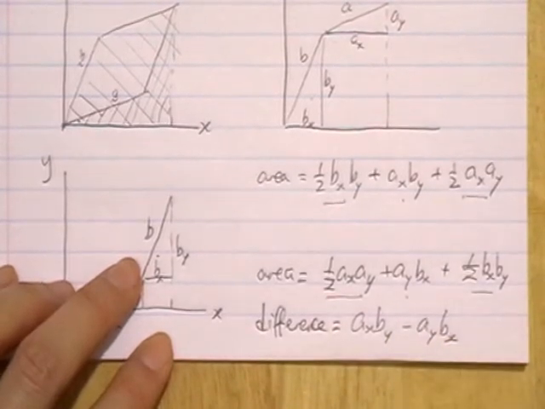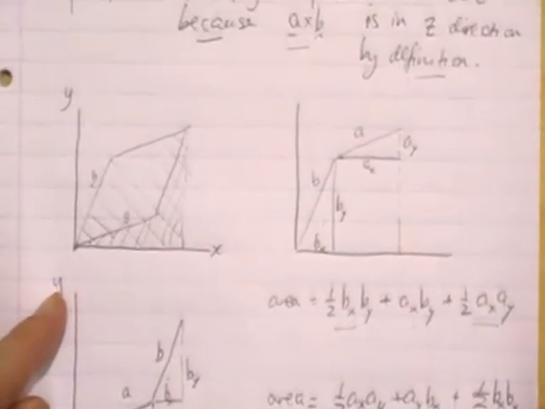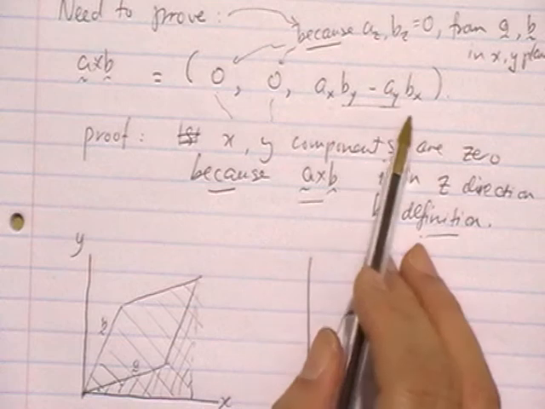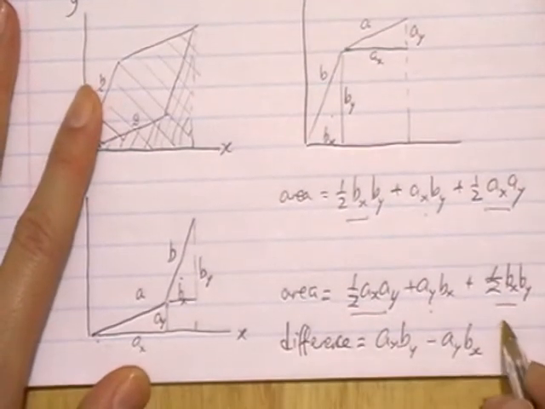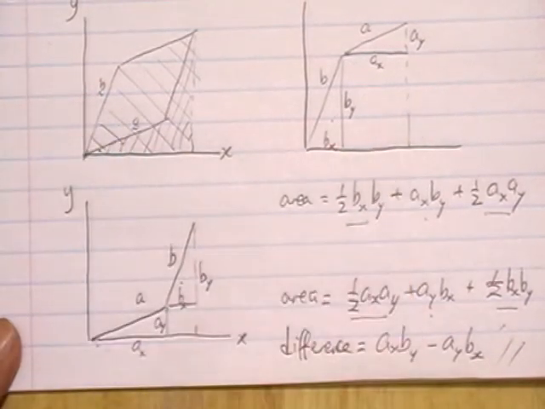Now, you might notice that this looks familiar. Well, it is familiar because it is exactly what I wanted to prove. So therefore, I have just proved it using this geometrical method.